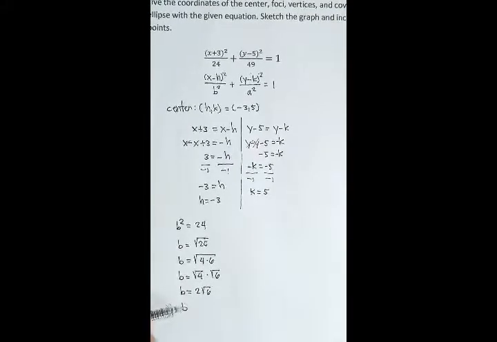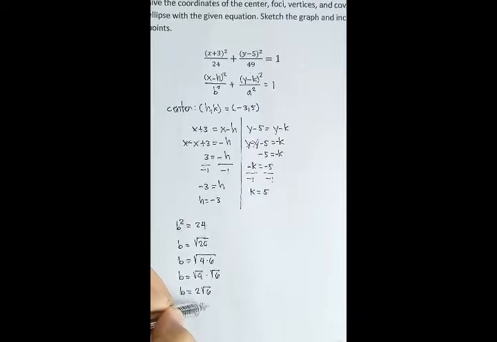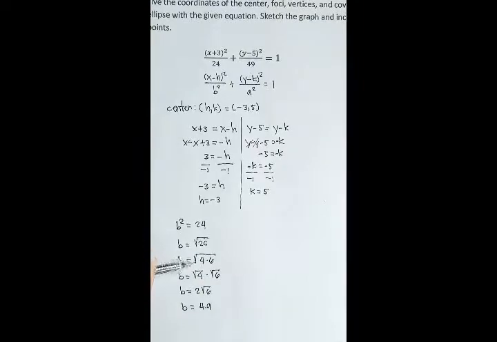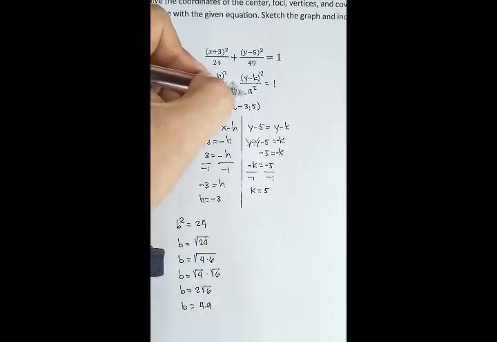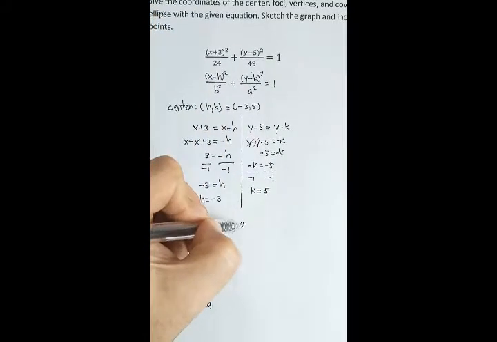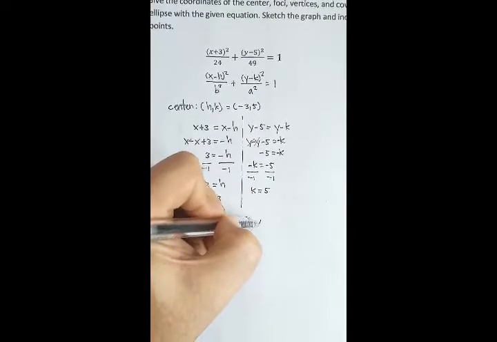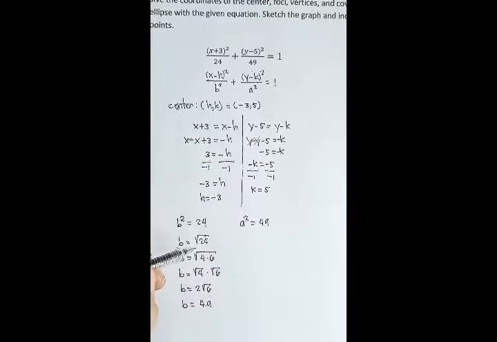Or, we can calculate 2 times the square root of 6, or the square root of 24, that is equal to 4.9. Let's use our calculator. So, b is equal to 4.9. And then, for a, a squared is 49. So, a squared is equal to 49.